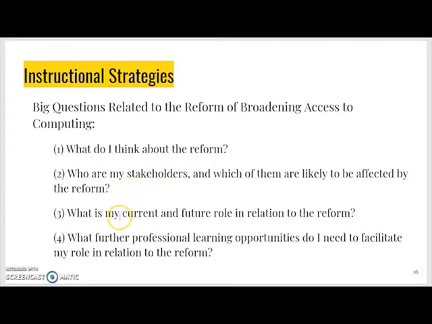What is my current and future role in relation to the reform of computational thinking in all K-12? And what further professional learning opportunities do I need to facilitate my role in relation to the reform? So I have them thinking, who are they? What is their current and future role? And what do they need to do to further their knowledge and skill related to it?